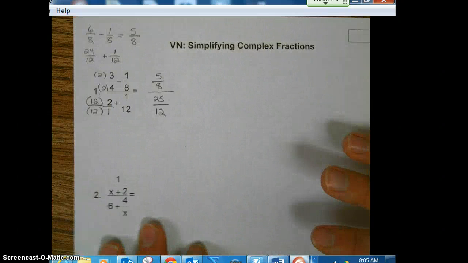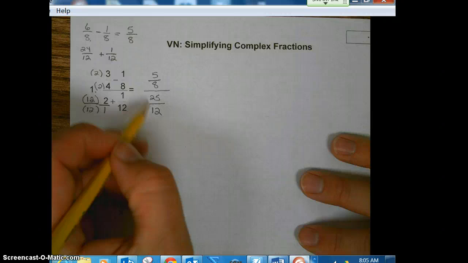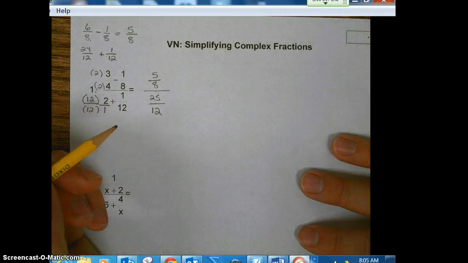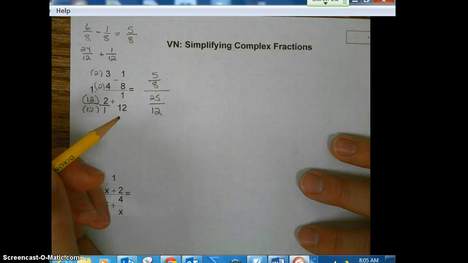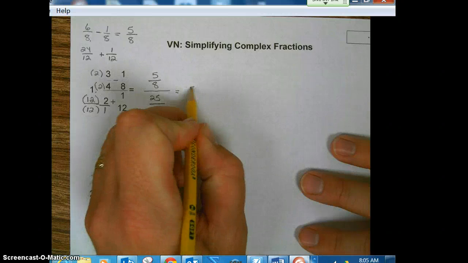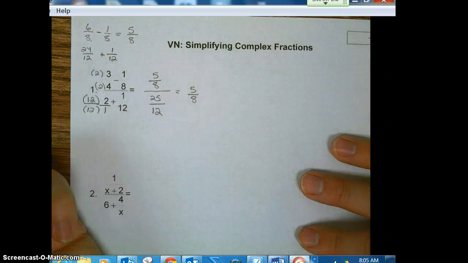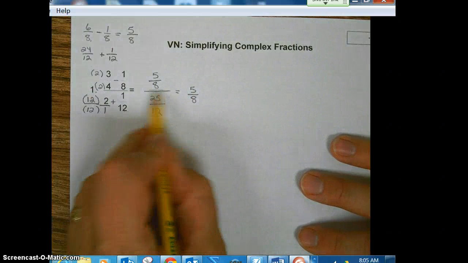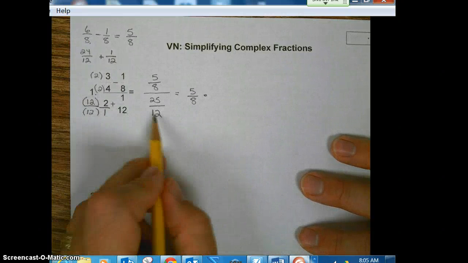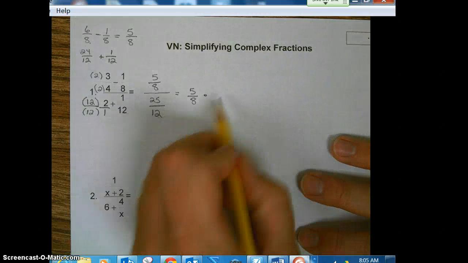Next, when we're dividing fractions, and this is an important skill for pre-calculus, so please make sure you learn it well, we take the numerator and we write it down. We change division, this is a division symbol, to multiplication, and we multiply by the reciprocal.